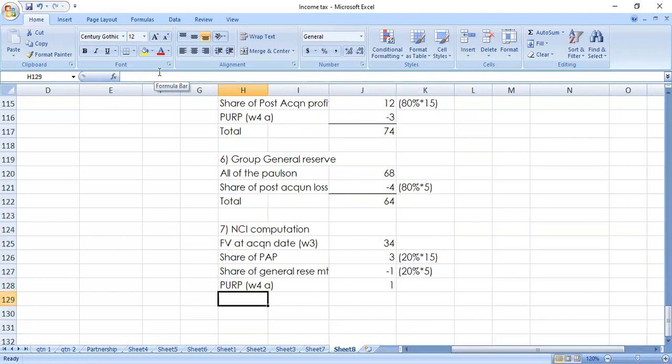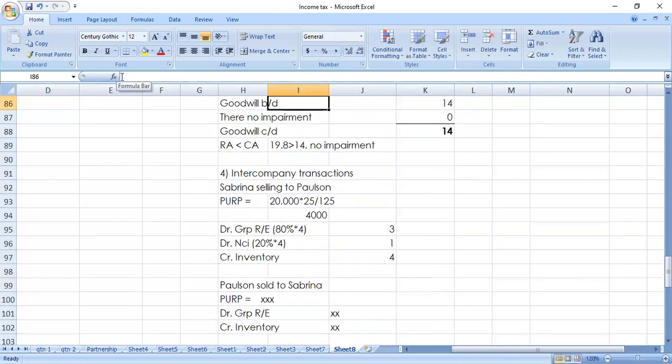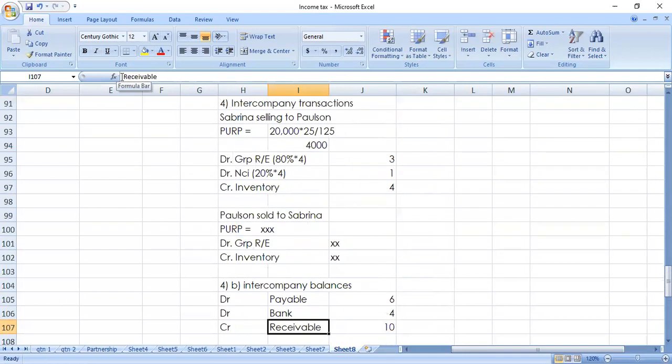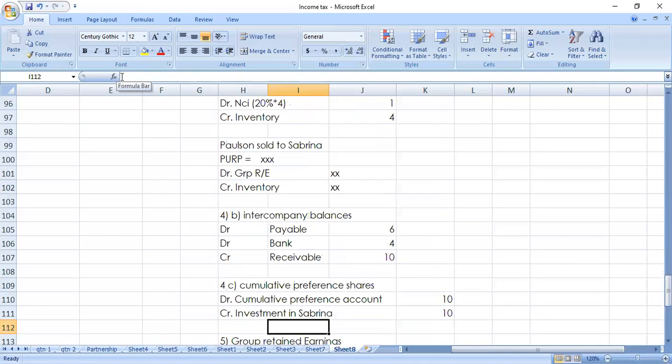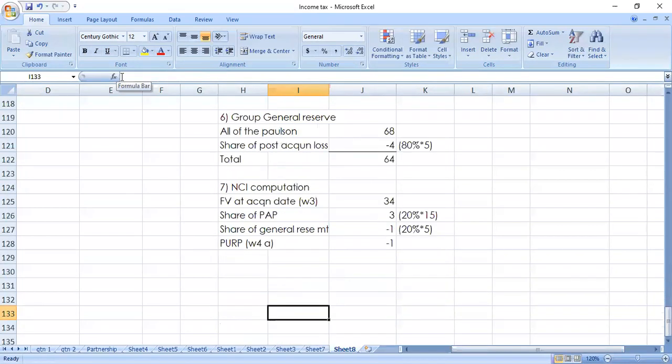Don't forget these small things like negatives. You will feel happy when you arrive at a number and you're sure you did it, but you didn't really do what you wanted. We don't have any other item affecting our NCI, so we add. When you add, the total is 35.